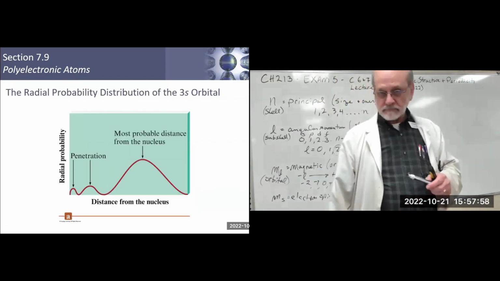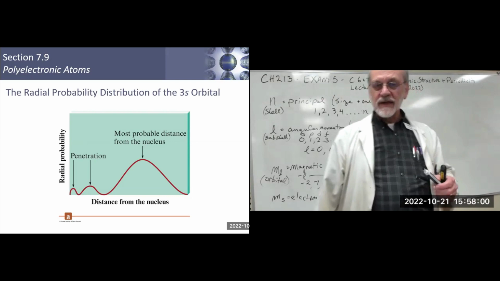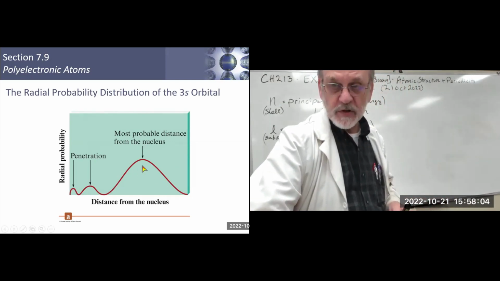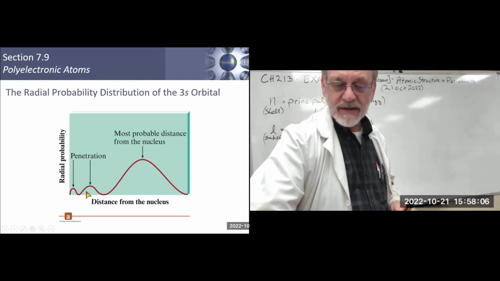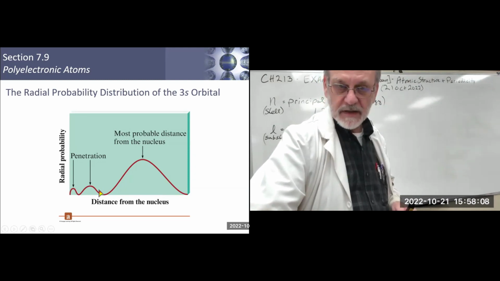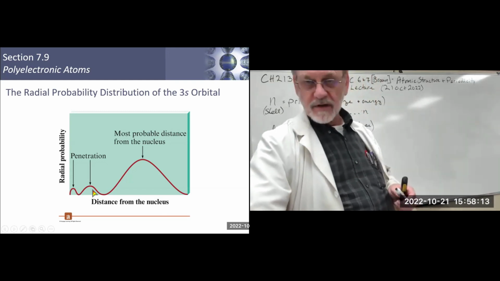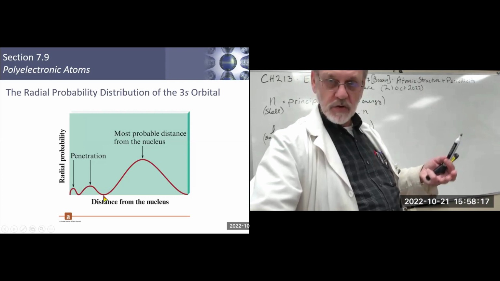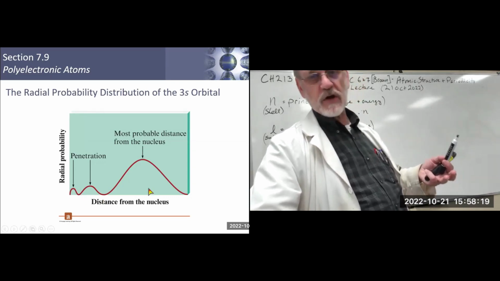Okay, here we've got a 3s orbital. Most of its probability is further from the nucleus, but it has a significant contribution from these two humps closer to the nucleus, with, remember, 3s having 2 nodes. So there's a node and there's a node.